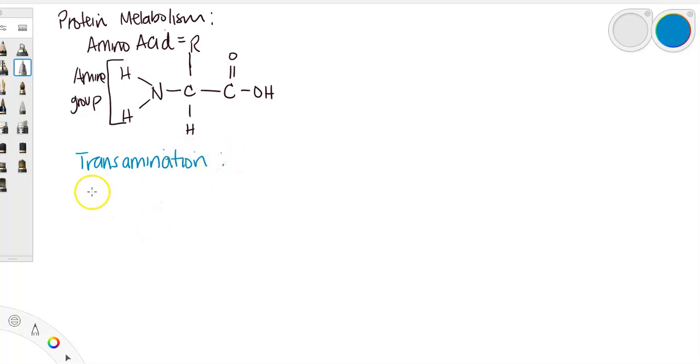Okay, so if we have an amino acid, so here's our amino acid, we're going to react it with a keto acid. This keto acid is called alpha ketoglutarate. We could call it alpha ketoglutaric acid, either one.